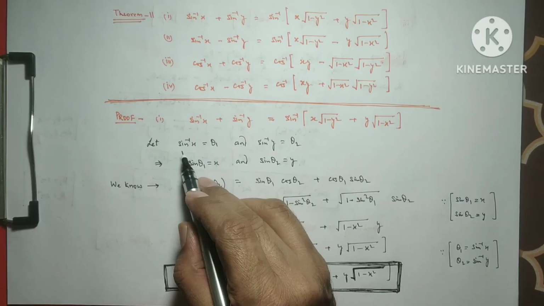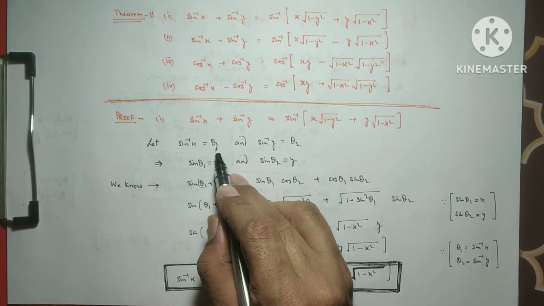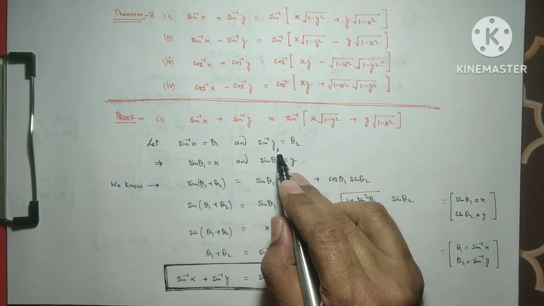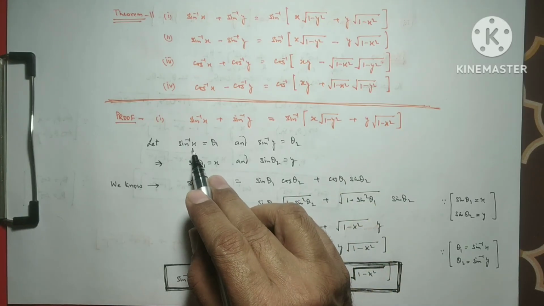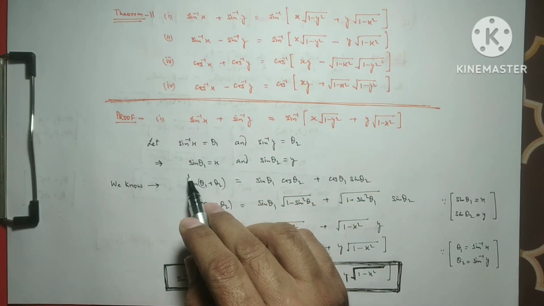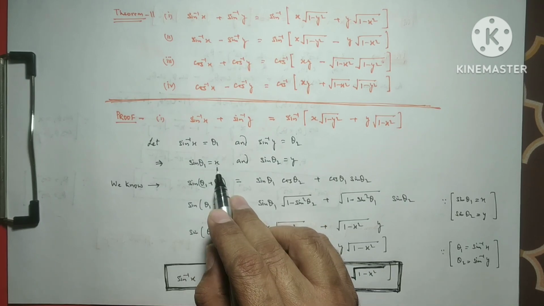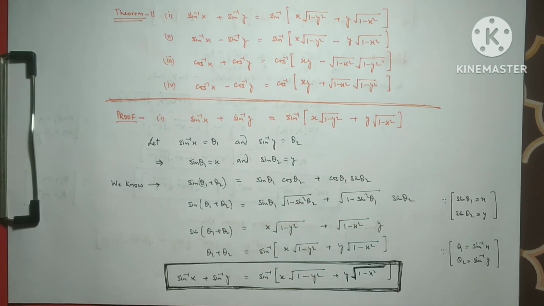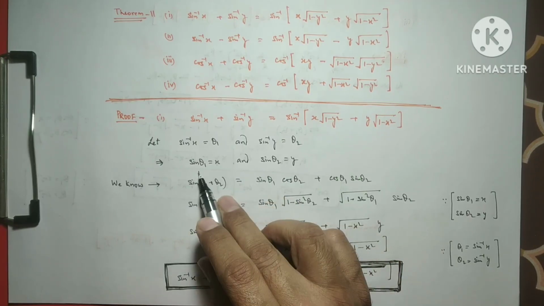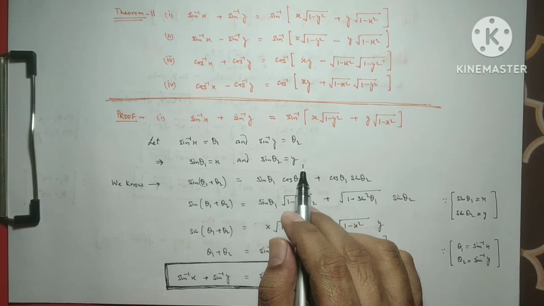So let us consider sine inverse x equals theta 1 and sine inverse y as theta 2. When we transform this, we get x equals sine theta 1 and y equals sine theta 2. Right now we have two values, x and y, in terms of sine.